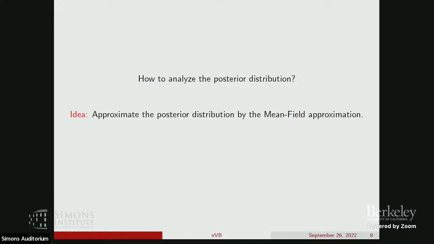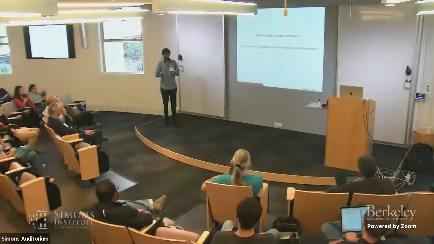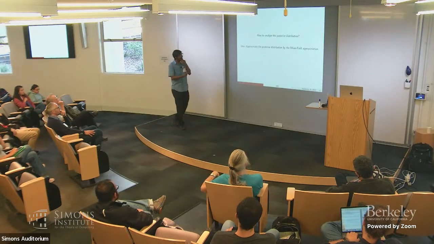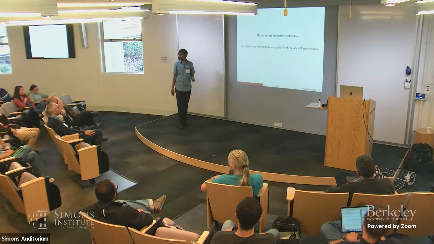There has been a lot of focus on using this approach to understand questions of large deviations of subgraph counts on random graphs, and also in understanding statistical physics models. Our approach here is in this second spirit. We are thinking of these high dimensional posteriors as models coming from statistical physics, and we are using the mean field approximation just to understand them. That's the way we get at this.